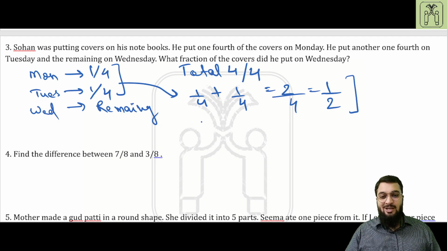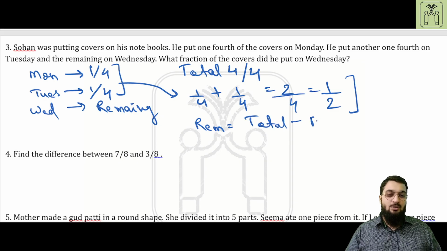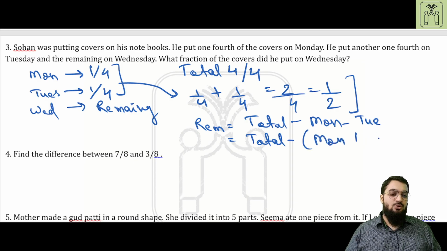Now what is remaining? Remaining is equal to total minus Monday and Tuesday. So total minus Monday minus Tuesday, which can be written as total minus Monday and Tuesday in brackets.